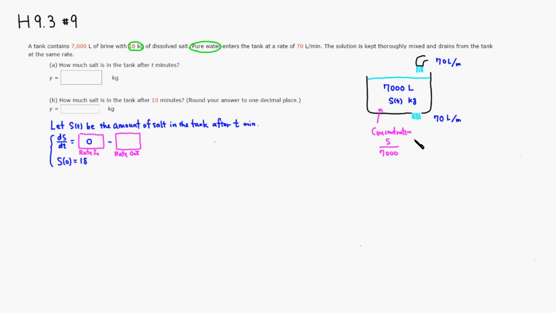Then the rate at which it's going out of the tank is 70 liters per minute.